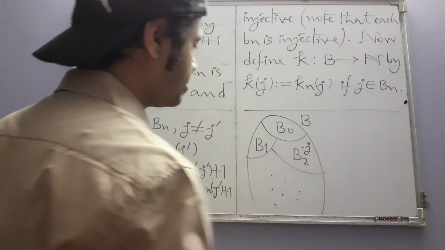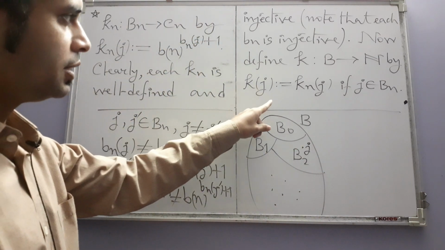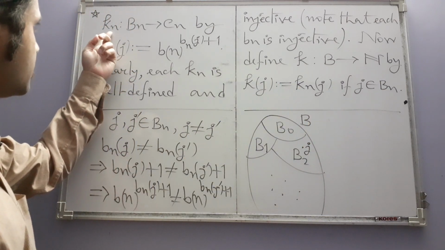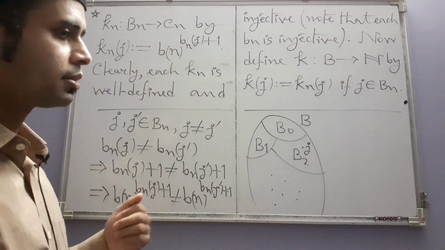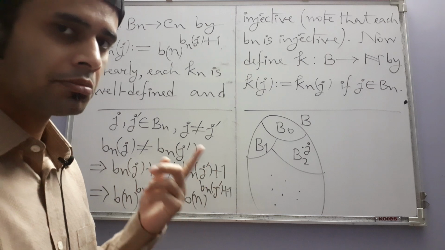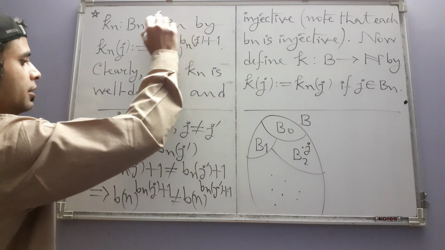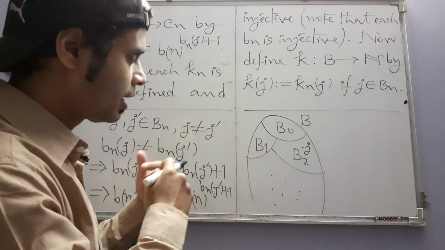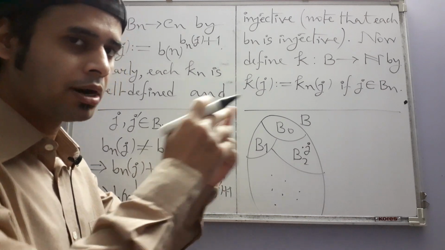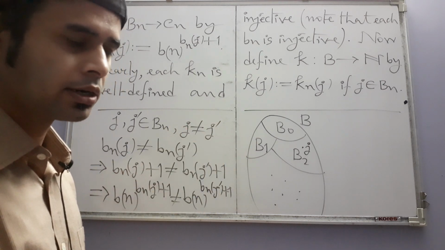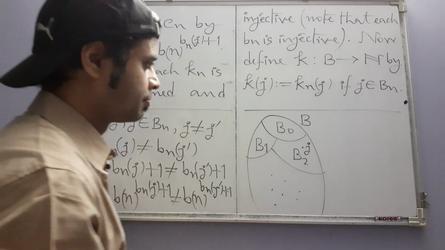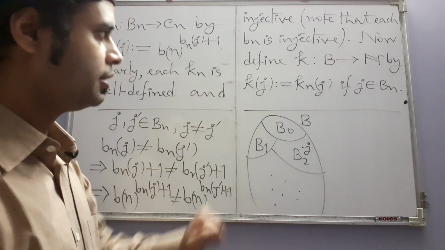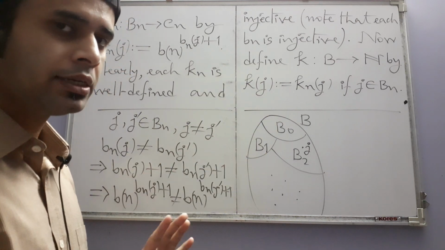Now the moment j lies in B2, K of j by definition is just K2 of j, and this K2 is itself a well-defined function from B2 to C2. But note that because each Cn after all is a subset of the set of natural numbers, the final image is going to be a natural number. It will be a power of some prime, but after all it's a natural number, and in fact a positive natural number. So that just tells us that K is well defined. Why is it well defined?